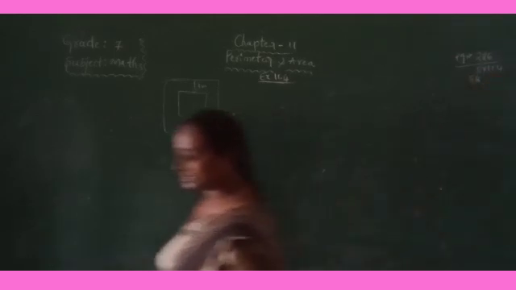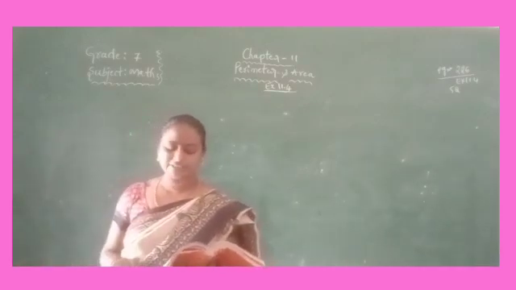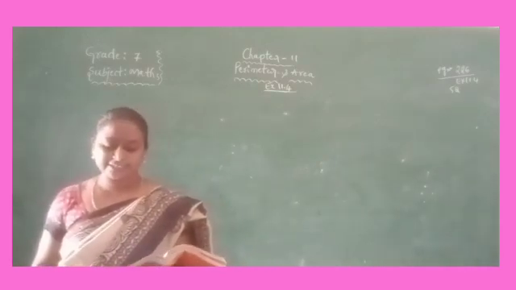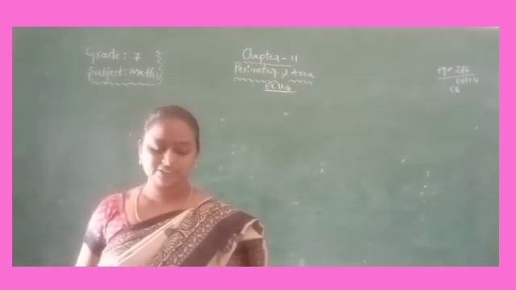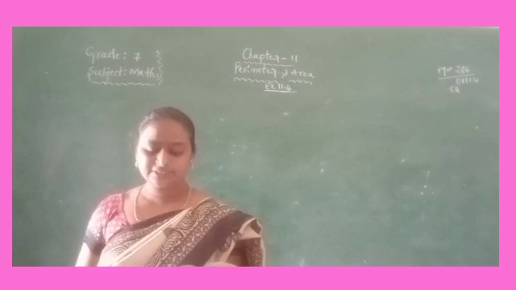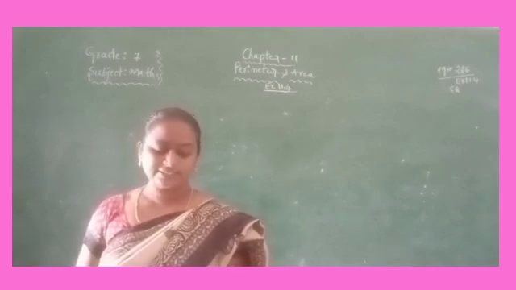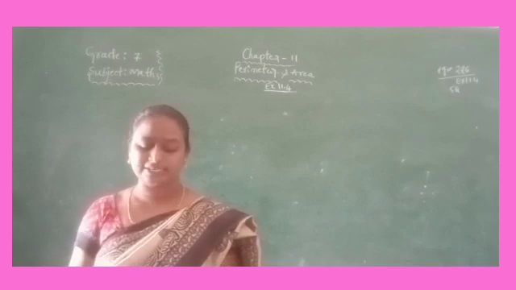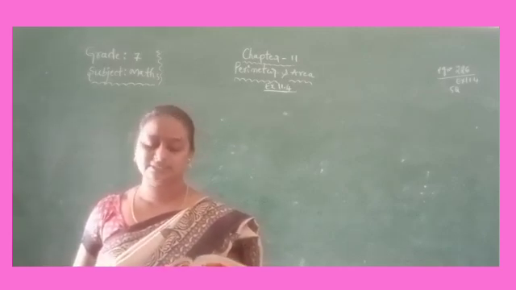Next, turn to your textbook. Sixth question. Two crossroads, each of width 10 meters, cut at right angles through the center of a rectangular park of length 700 meters and breadth 300 meters and parallel to its sides. Find the area of the roads, also find the area of the park excluding crossroads, give the answer in hectares.